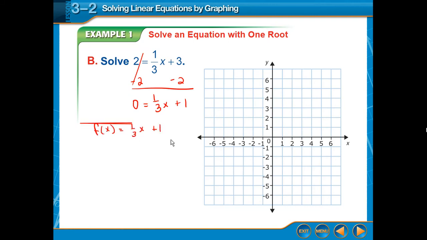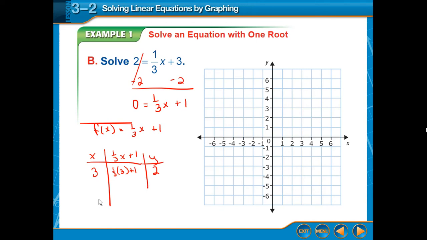And I'm going to graph this part right here, like we were graphing in the last section. So I can make a table of values. So I'm going to pick x values and see what I get for y. So if I put in 3, and I'm doing 1/3 x plus 1, that's going to be 1/3 times 3 plus 1. And that's going to give me a y value. So my y value here is going to be 1/3 of 3 is 1, plus 1 is 2.